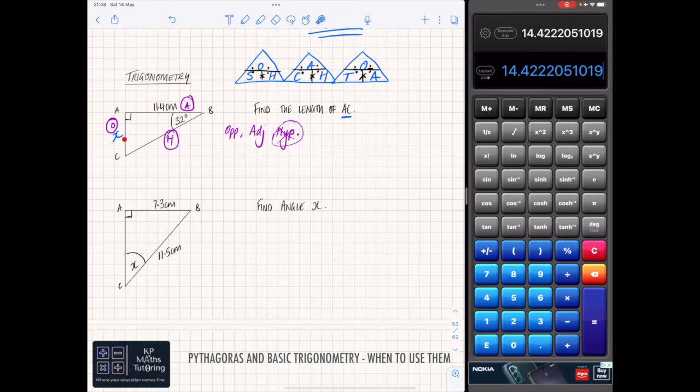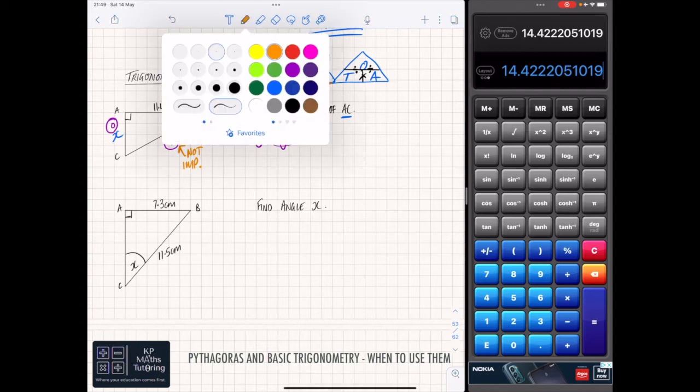I'm being asked to find the opposite, so that's important. Therefore, this hypotenuse is not important, okay? So any one of these formula triangles up here that has an h in it, I can't use. So I can't use sin because there's an h there. I can't use cos because there's an h there, which means I have to be using tan.